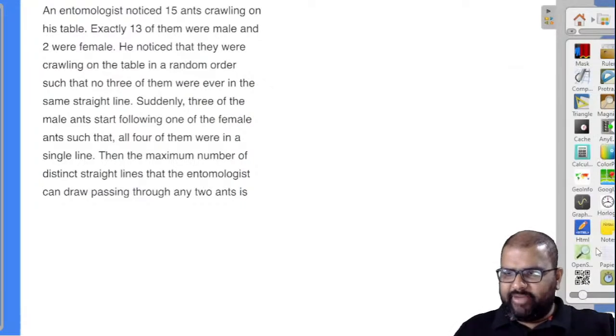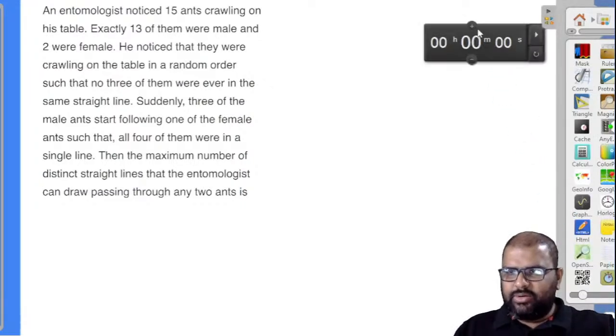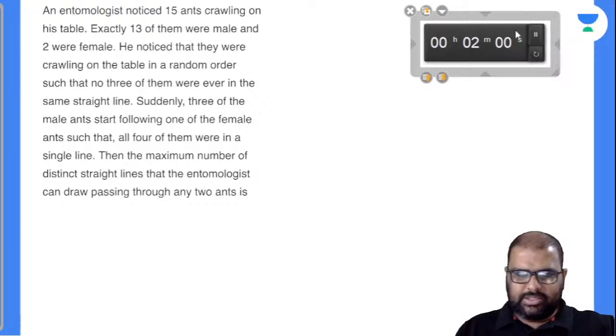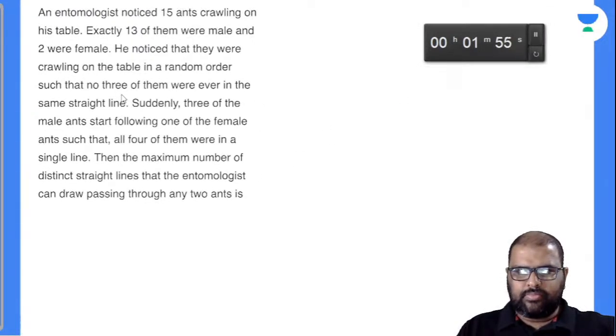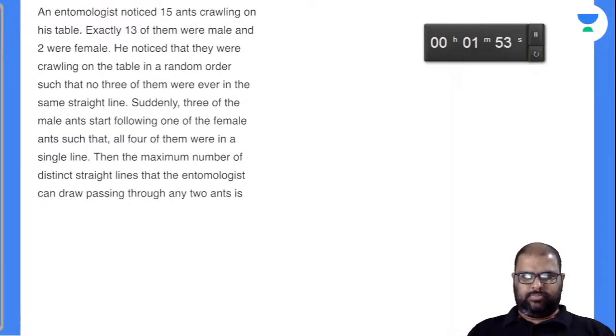Again, one more finest question, right? So do try to observe, solve this. Let's see how many can solve this. The question might be lengthy, but the solution is very easy.